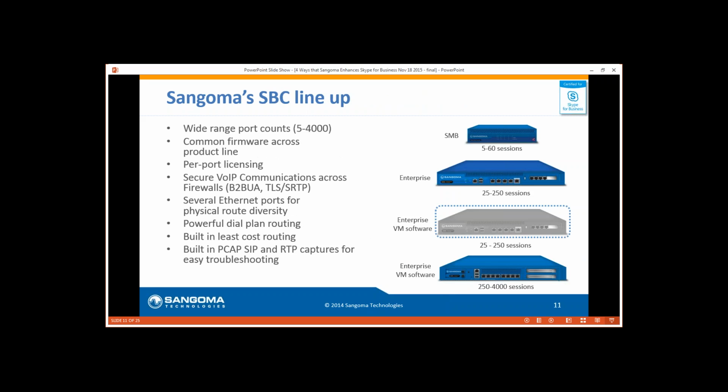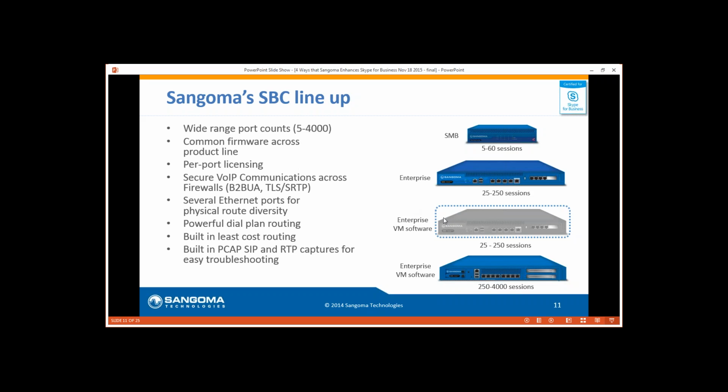Okay. And if you are looking at SIP trunking, then you drive the need for session border control. So again, we have a whole suite of products that range from SMB level, covering about 5 to 60 sessions, all the way to very large enterprise call center type SBCs with up to 4,000 sessions. Okay, so we have a series of appliances, but we also have a software version.